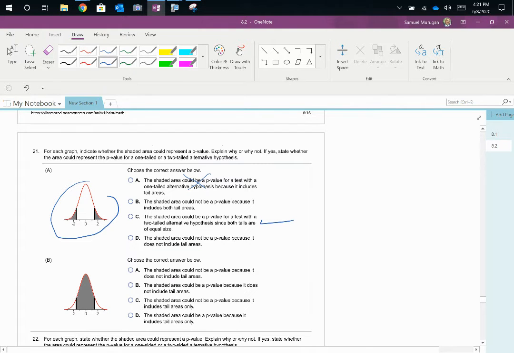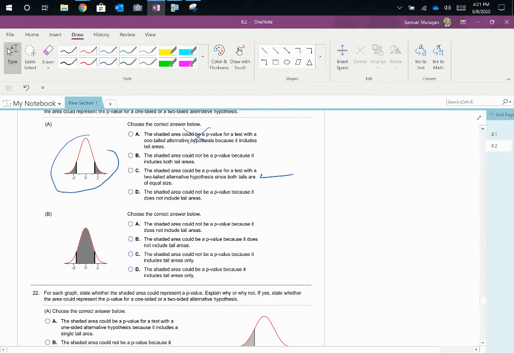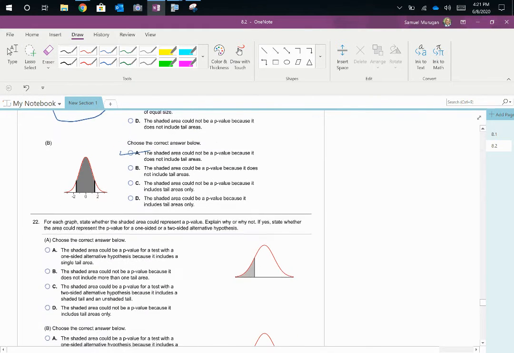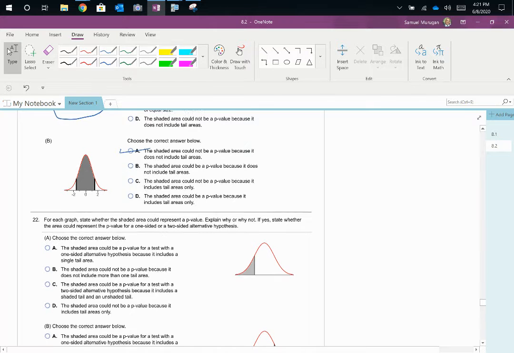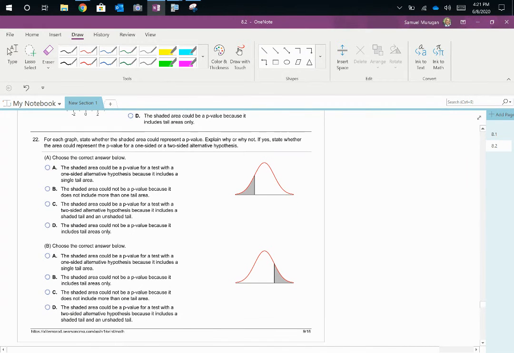This one is out. That's a one-tailed alternative, since both are of equal size. In this case, the shaded area is in the center. It cannot be a p-value because it does not include tail areas. Remember, it has to have tail areas before it can have a p-value.